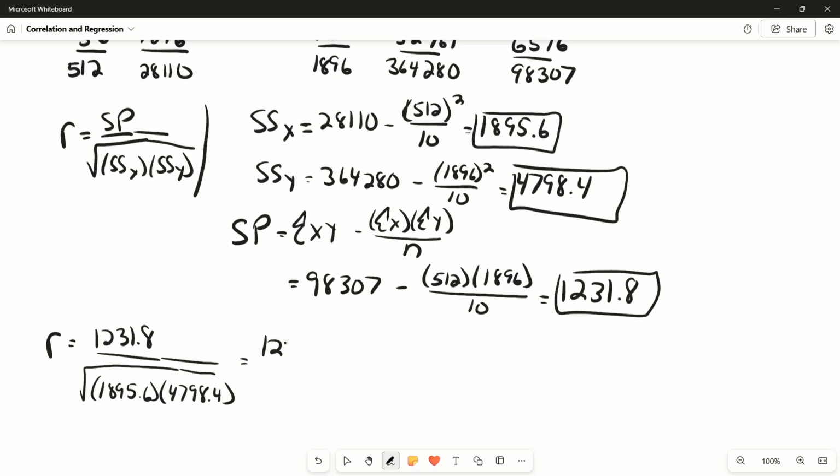So 1231.8 stays on top. Correlation is going to be positive because the numerator is positive. This product on the bottom is 9095847.